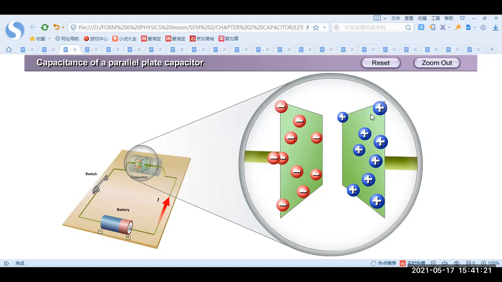While the capacitor is fully charged, no current flows in the circuit. It stops charging.